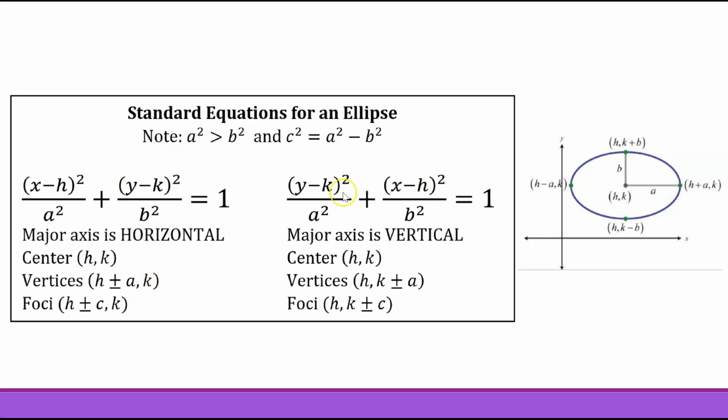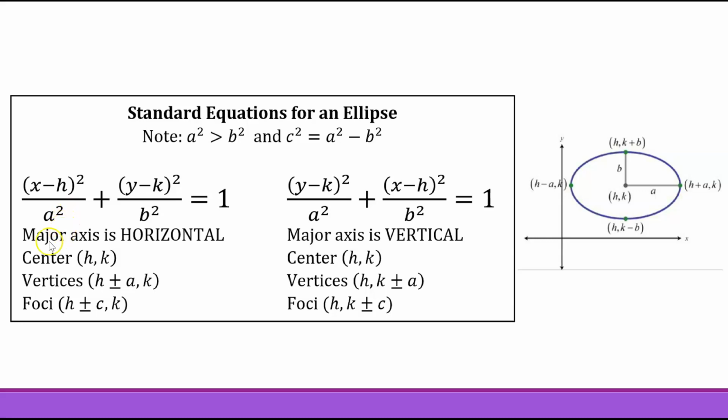So we have two different equations for an ellipse. We have (x minus h) squared all over a squared plus (y minus k) squared all over b squared equals 1. And this is an ellipse because we have the variable x squared, the variable y squared, and they are added together.